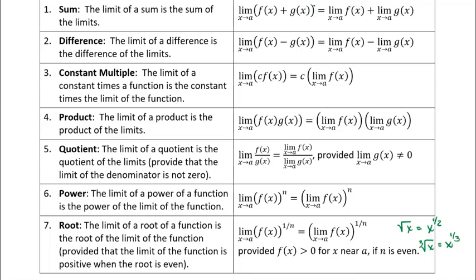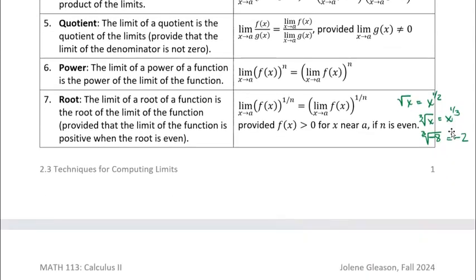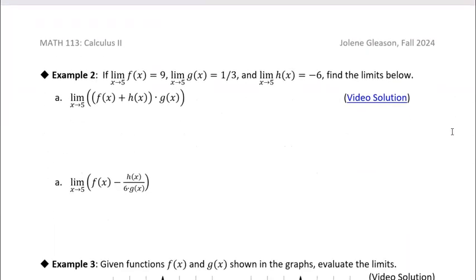I can take -8 and take the cube root of that, right? And that's a -2. So that's not a problem. It's just when those roots are even, where we have a little bit of an issue. But effectively, the limit of a root is the root of the limit, again, provided that we don't have an issue when it's an even root. Okay, so all right, let's go on to the next example and show how these limit laws apply.